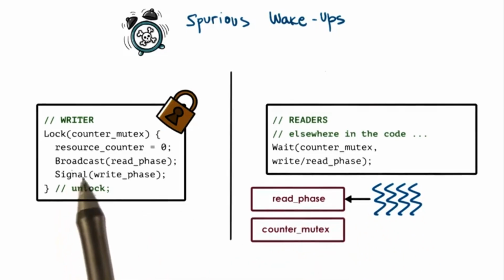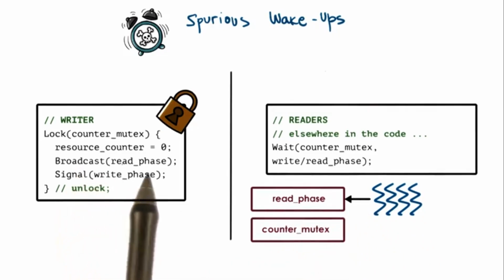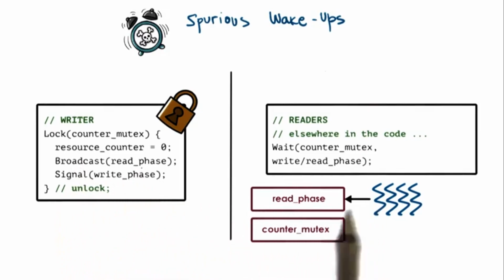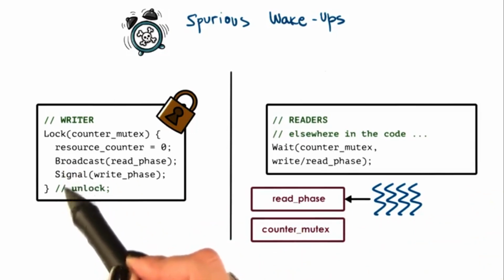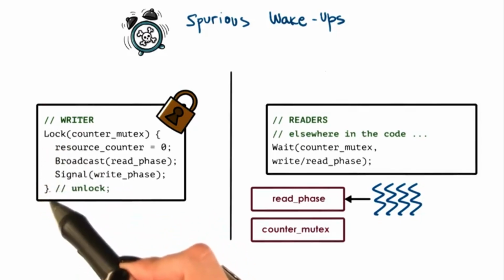So what can happen when this writer issues the broadcast operation, this broadcast can start removing threads from the wait queue that's associated with the read phase condition variable, and that can start happening perhaps in another core before the writer has completed the rest of the operations in the lock construct.